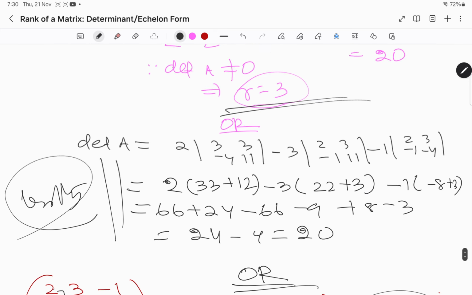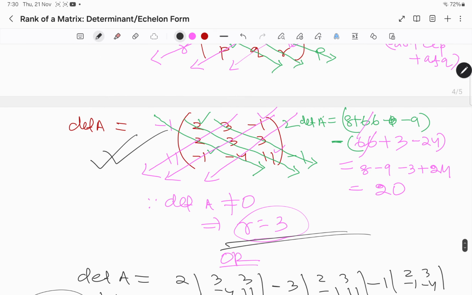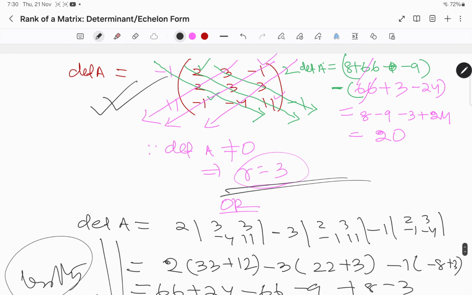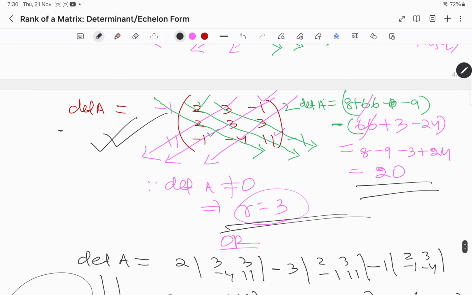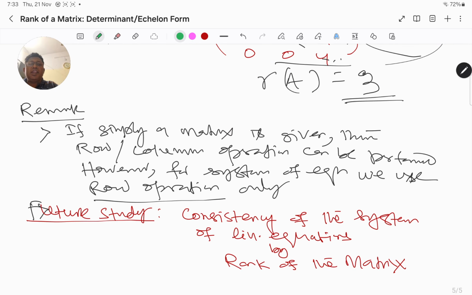Okay, so if it is a smaller matrix, smaller meaning the size of the matrix is within 3 by 3, then the determinant is a better approach, and by a trick you can evaluate the determinant of the matrix. Now coming to some general remarks on this. Now to conclude on the rank, if a system of equations is given, then only row operations are used, right?